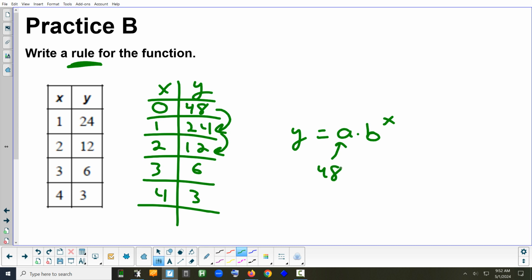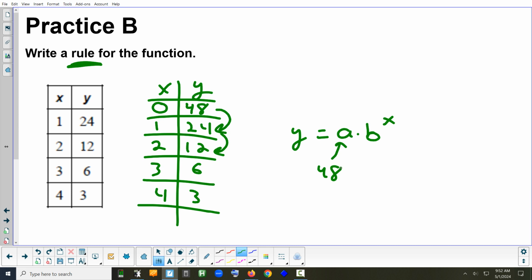And Evelyn, how do I get my b value? The b value is what you multiply by each time to get to the next y. Yeah. So what did we multiply by to get from 48 to 24? Multiply by a half.